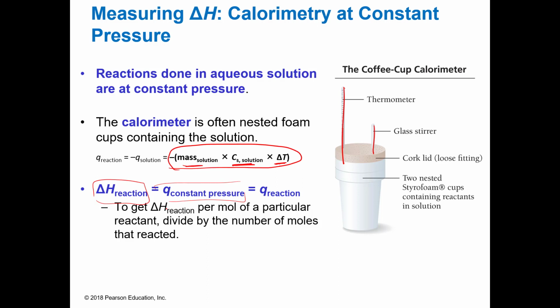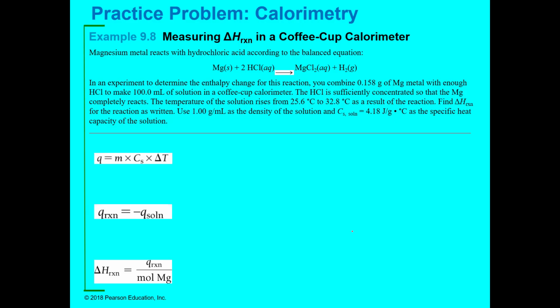Now, I'm going to show you what I mean by that in a minute. But ultimately, what we're going to report is the delta H per mole of whatever our reactant is. As usual for me, I'm hands-on, so the easiest way for me to show you how to do this is to just run through one of them with you.